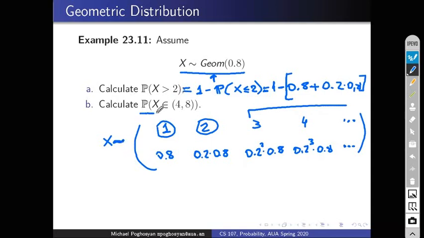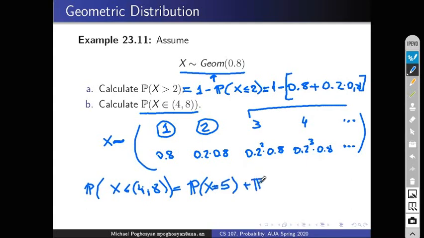And what is the probability that X will be between 4 and 8? So the probability that X is between 4 and 8 is the same as the probability that X is equal to 5 or the probability that X is equal to 6 or the probability that X is equal to 7.